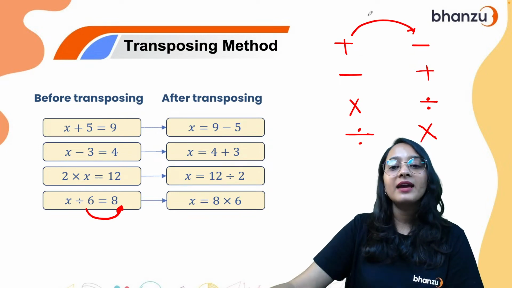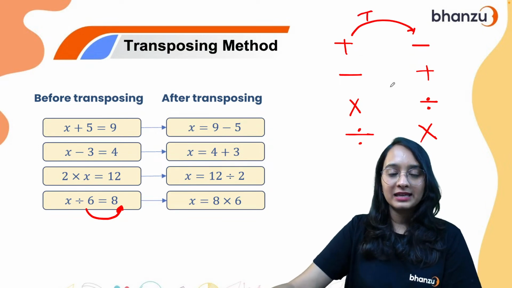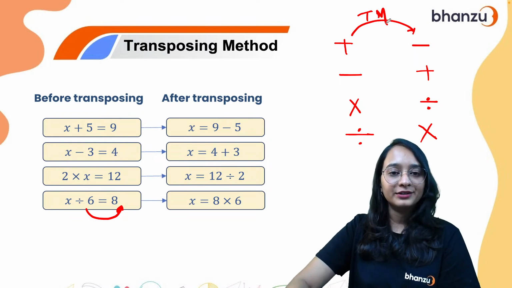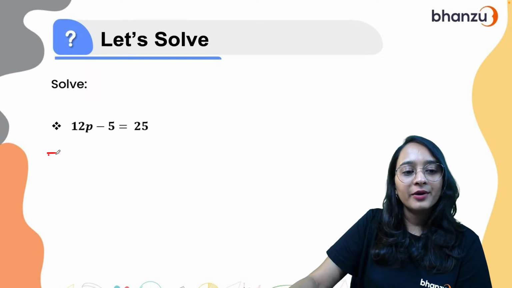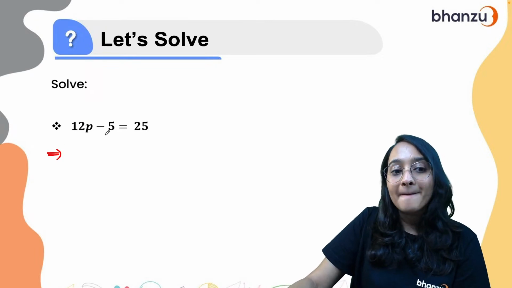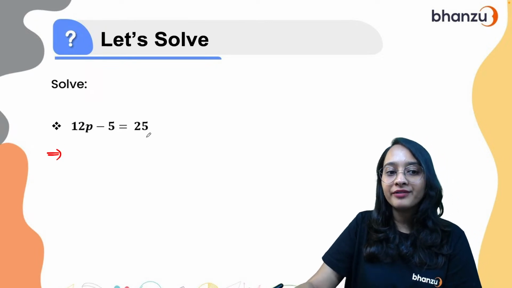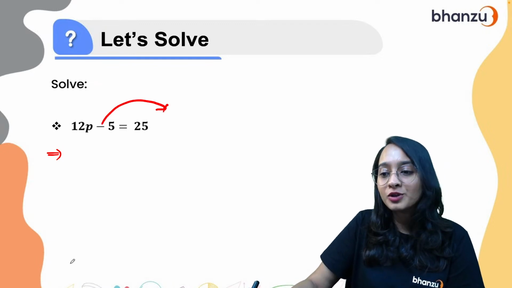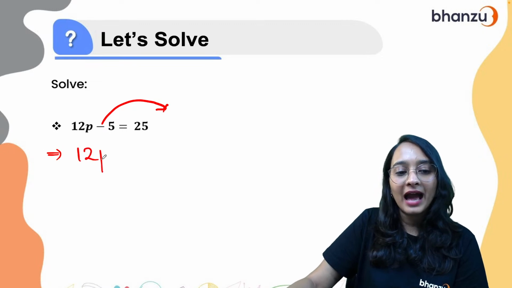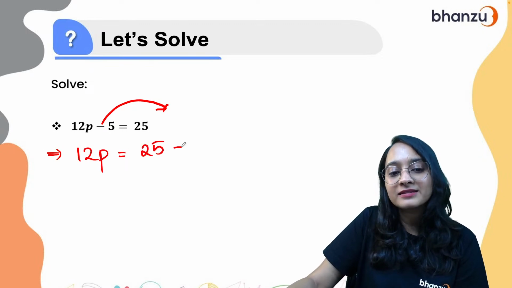Please remember that while transposing, in the transposing method. Let us solve a question using the transposing method. Now here 12p minus 5 equals 25. So when you send this minus 5 to the other side, what will happen? You will have plus 5.